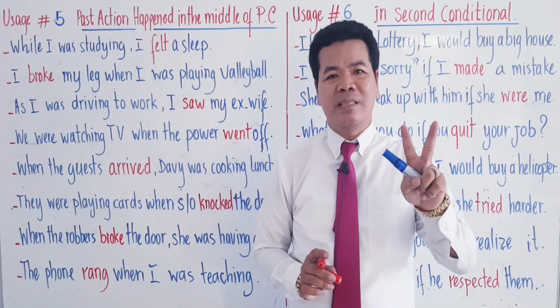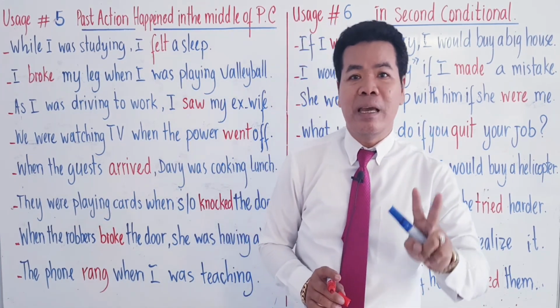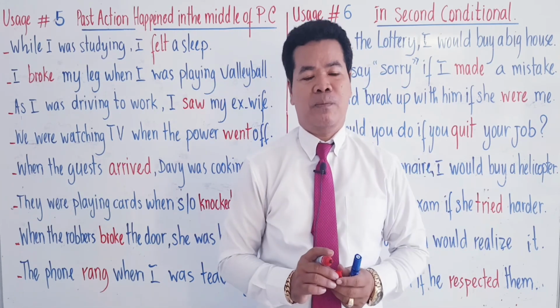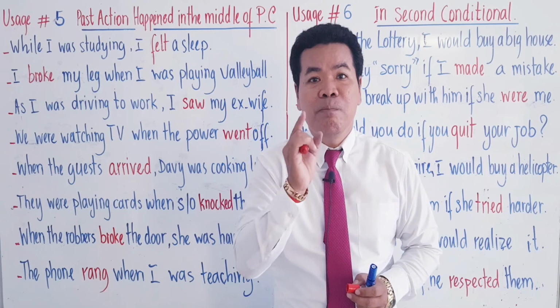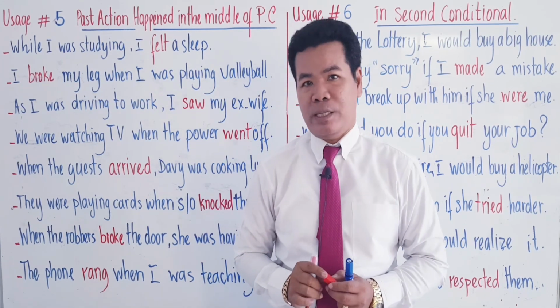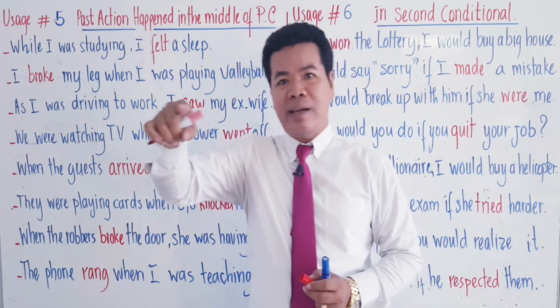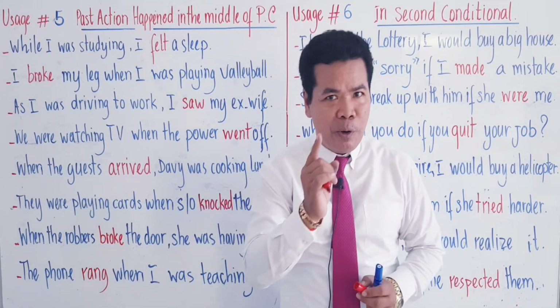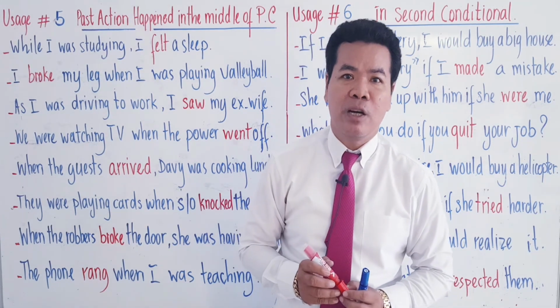But past simple tense happened in the middle of the past continuous. The action of past continuous was going on like that, and then past simple happened in the middle of or interrupted the past continuous.